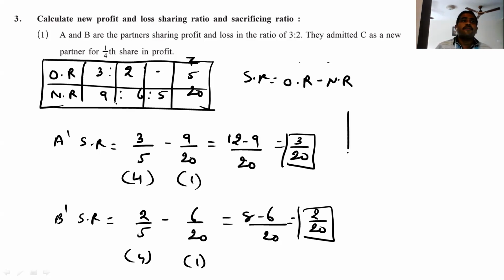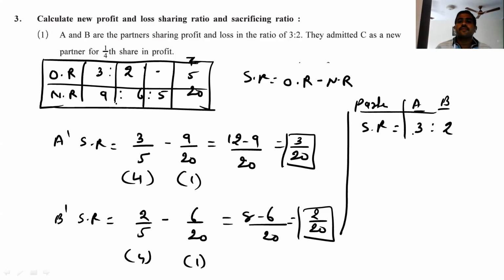So the sacrifice ratio between A and B, we can make the table also: particulars A and B, and the sacrifice ratio is 3:2. Clear, friends?